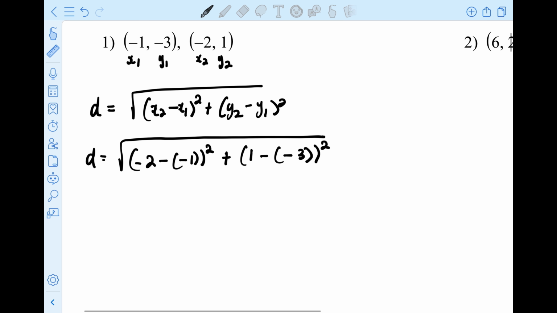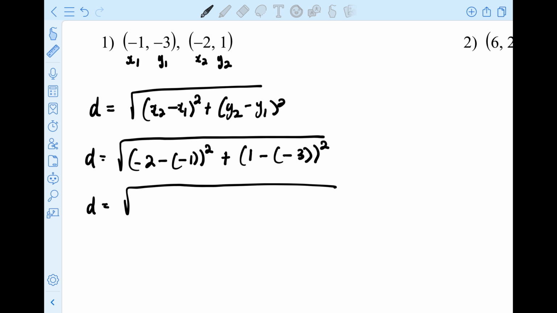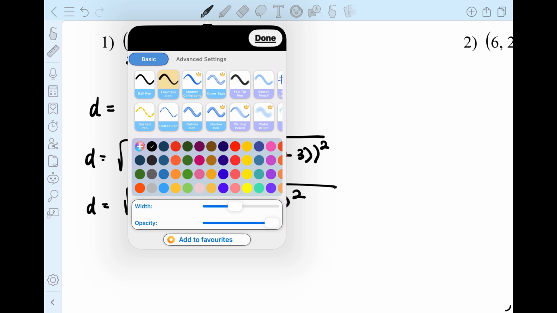Okay, so distance is going to be equal to, now taking my time, negative 2 plus 1 squared plus 1 plus 3 squared. Okay, these two negatives become a positive, these two negatives become a positive, right? A negative beside a negative becomes a positive.